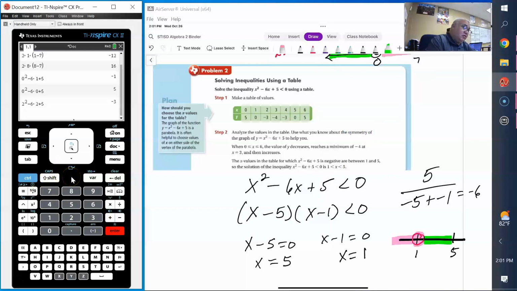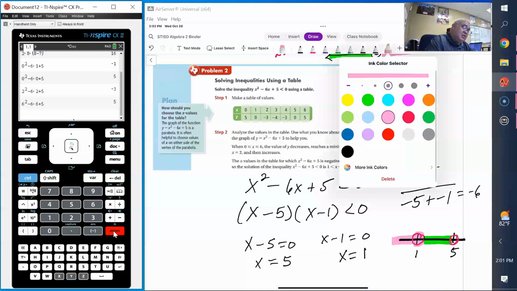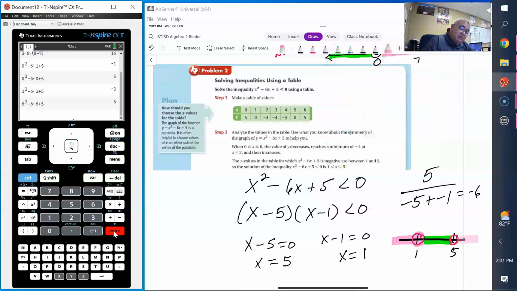Now we know that at 5 it's going to be exactly 0, so it's not going to be part of the answer. Let's try 6. So we have 6 squared minus 6 times 6 plus 5. Enter. It's greater than 0, so I'm going to use pink to indicate that it's not part of the answer.